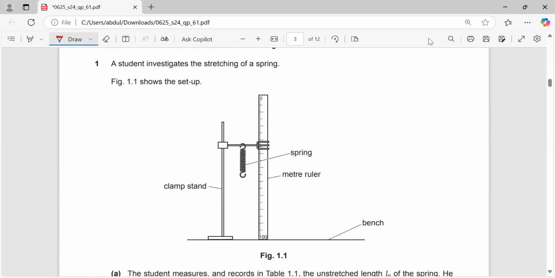Now, a student investigates the stretching of a spring. Figure 1.1 shows the apparatus.